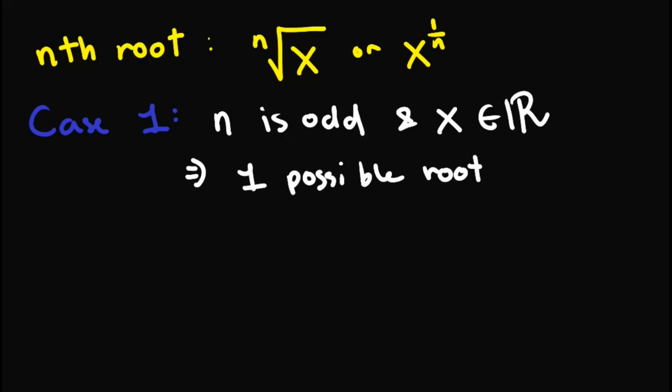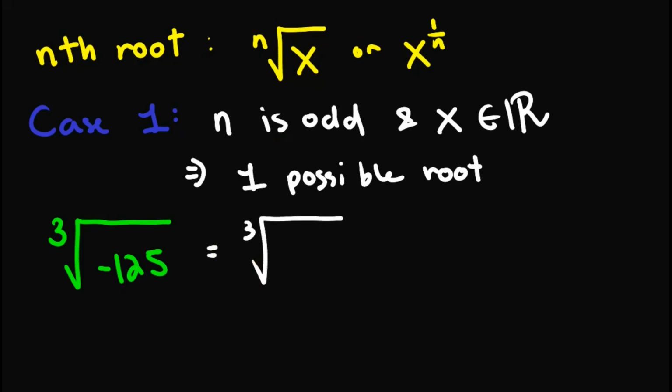As an example, let's have the cube root of negative 125. Note that negative 125 is equal to negative 5 cubed.